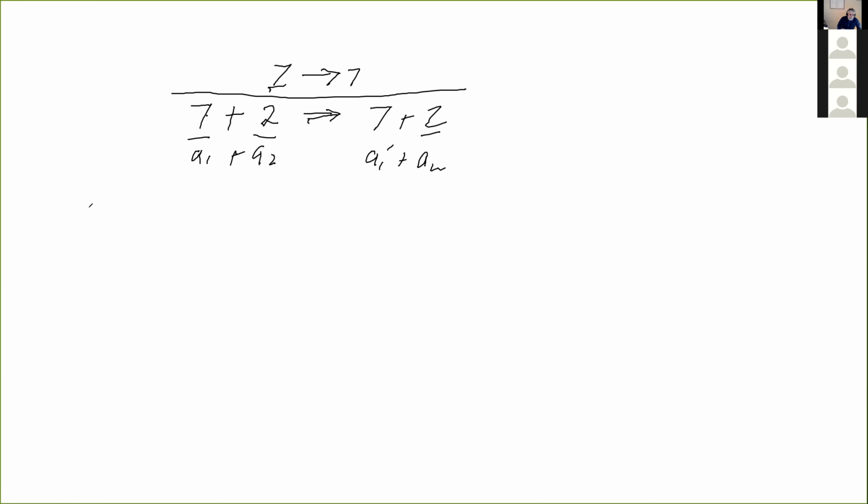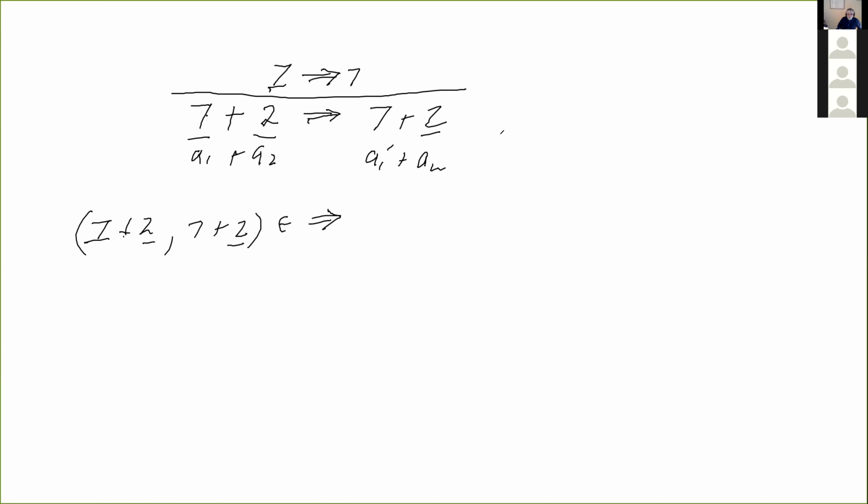This derivation here justifies that this pair, 7 plus 2, comma, 7 plus 2, is in the small step semantics for arithmetic. Every time I write that big arrow, I say big step.